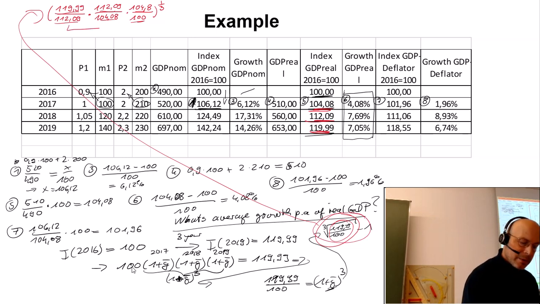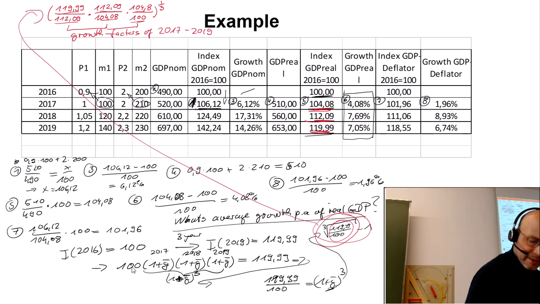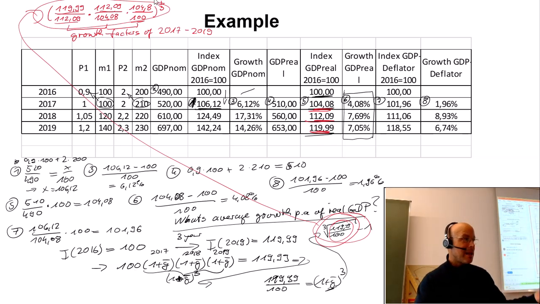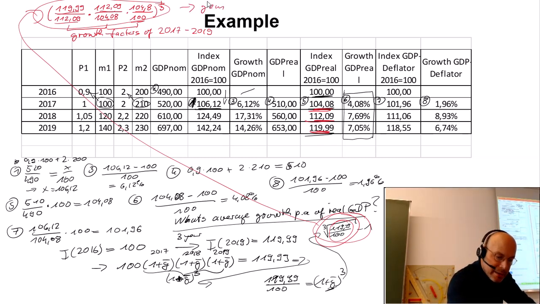But what is this here? These are the growth factors of 2017 to 2019. And how is it called? Multiplying three numbers, taking the third root. This is just the geometric mean.